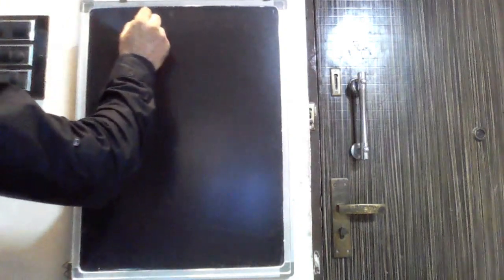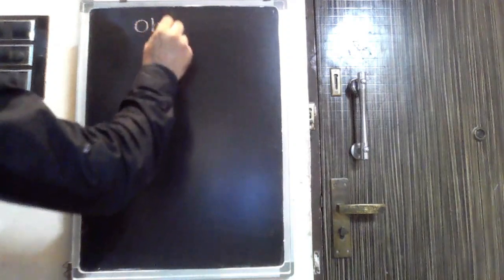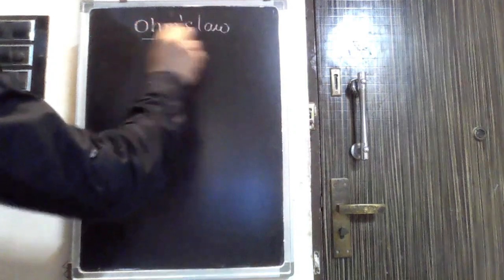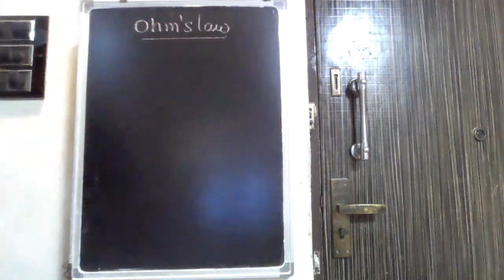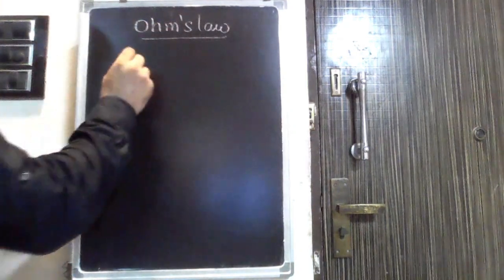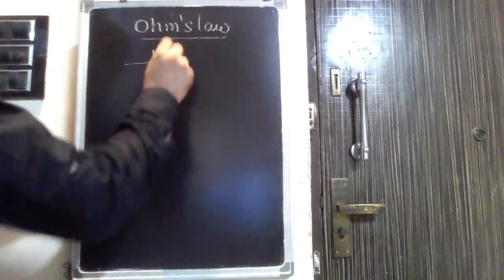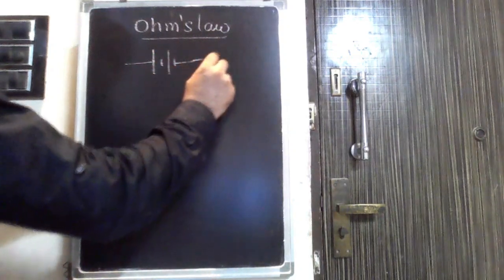Basically, in this chapter, we have the basic information, which is your Ohm's law. What he did, he just made a current flow in a circuit. So the Ohm's law circuit is going to be, let's take a circuit now. We did this in 10th standard as well.